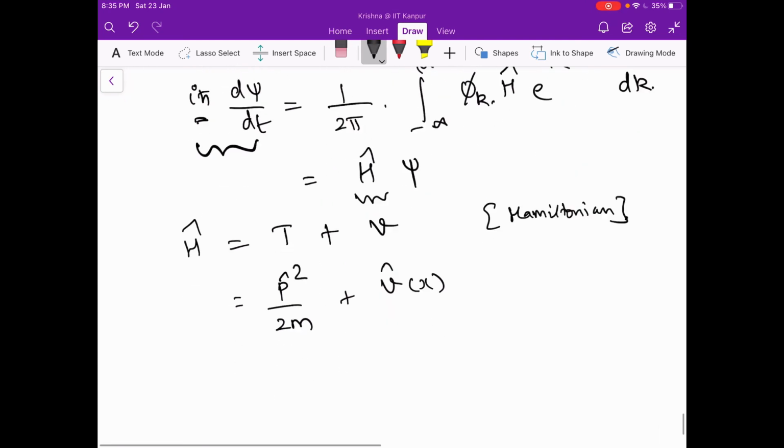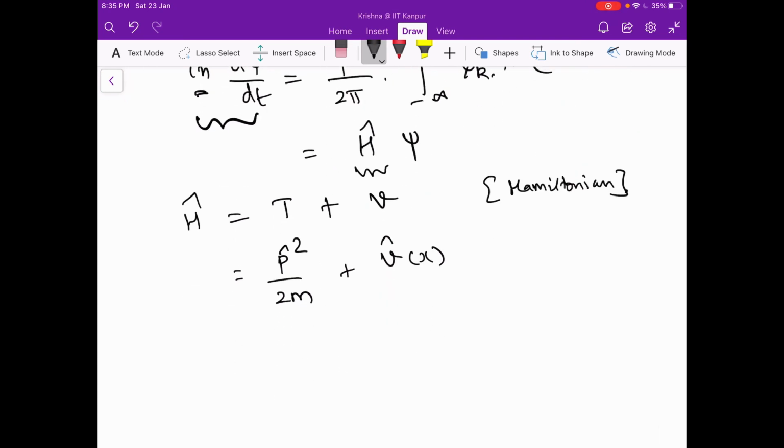Now the equation can be written as: i h bar dou psi by dou t is minus h bar square by 2m, because we know what p is. p is h bar by i dou by dou x.